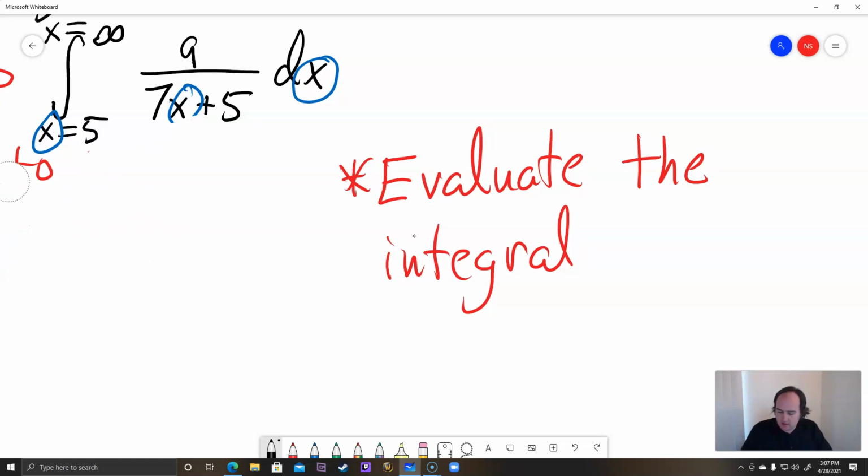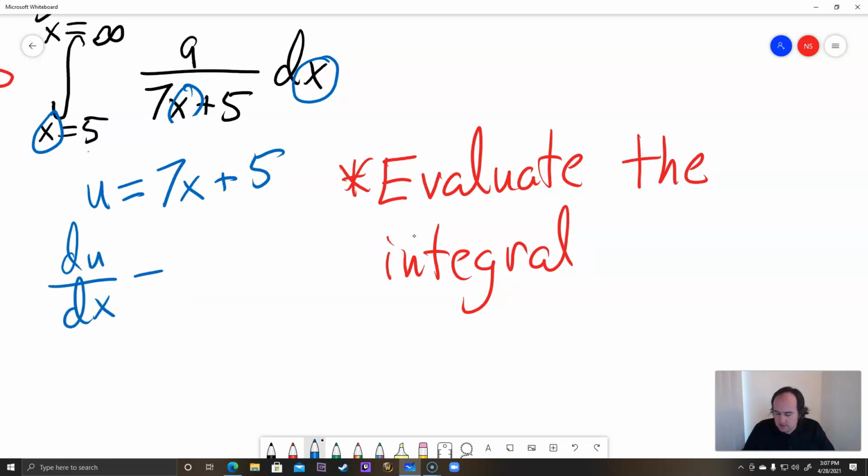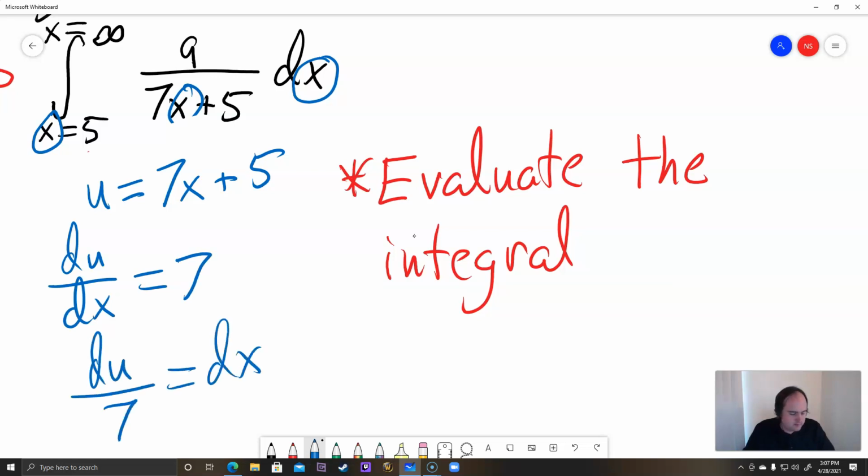Here our u is actually going to be 7x plus 5. So if u equals 7x plus 5, then du dx equals 7. So that means du over 7 equals dx. And then we can just go ahead and plug in du over 7 for dx.